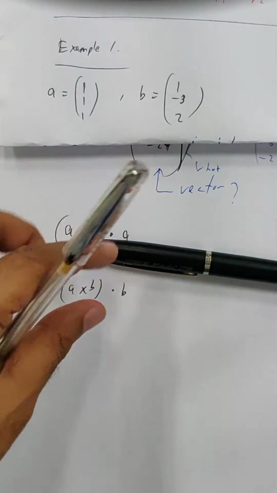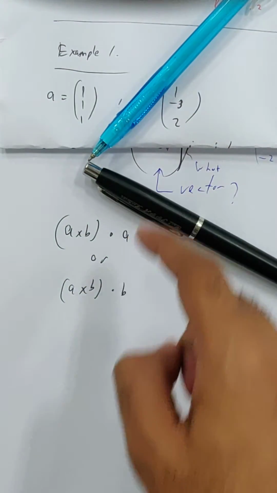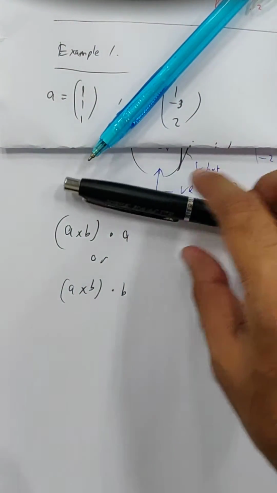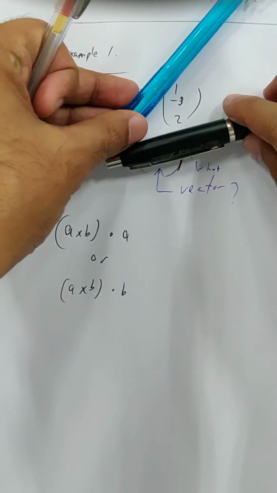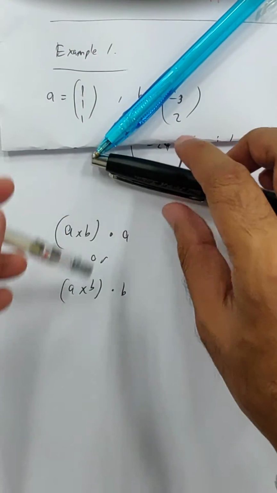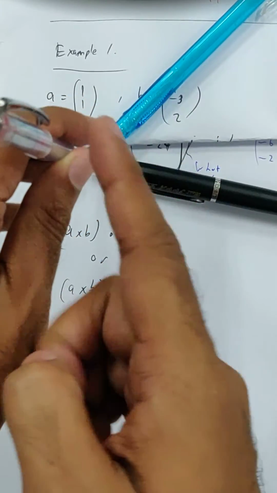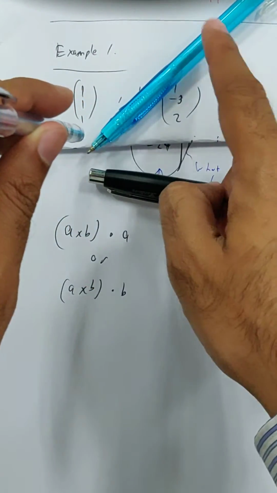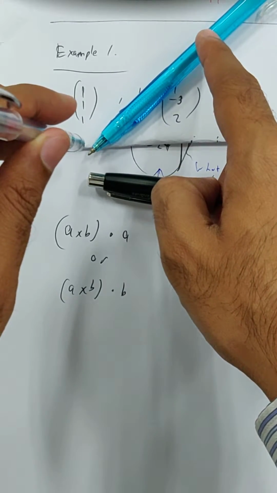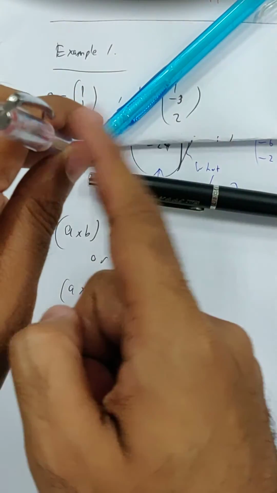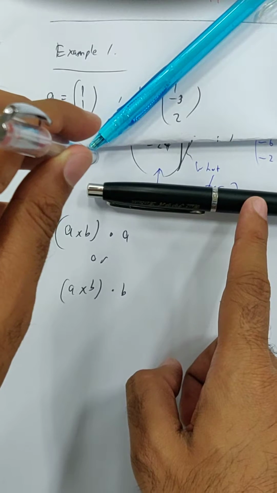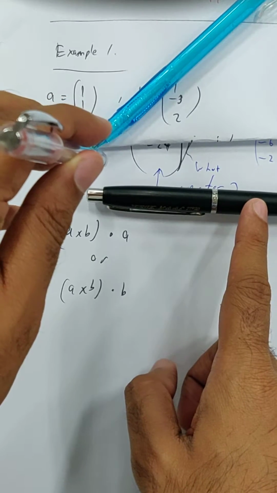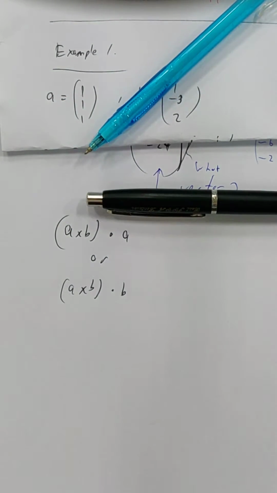So what I'm trying to say is, this L1 and L2, if we cross them, there will appear a normal. Now what happens if this normal, I dot with this A? Now what happens if I dot with this B? What answer will I get?